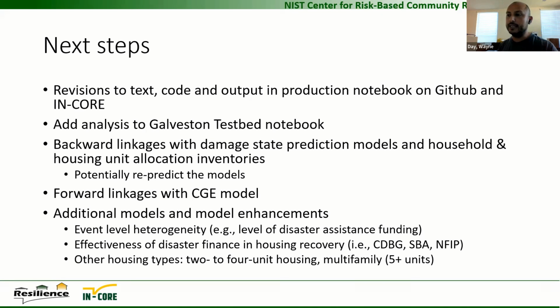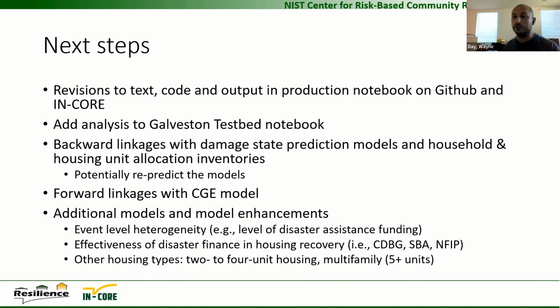And then linking with the CGE model, and slightly touching on what Jamie was talking about earlier. This was one model for the Galveston Hurricane Ike case. We want to build additional models so that we can account for varying event-level macroeconomic differences across events, situations, or scenarios that you want to predict in.